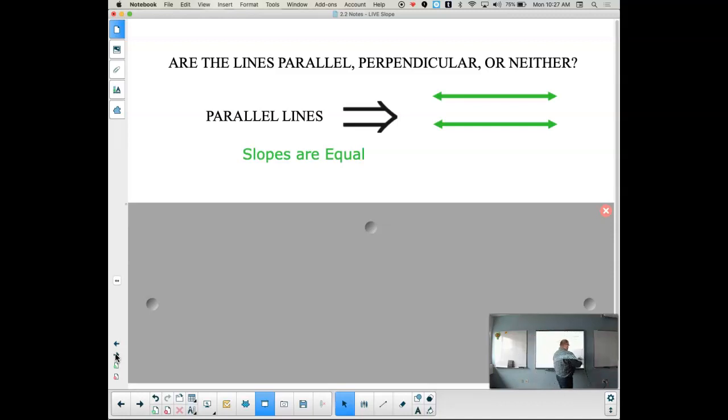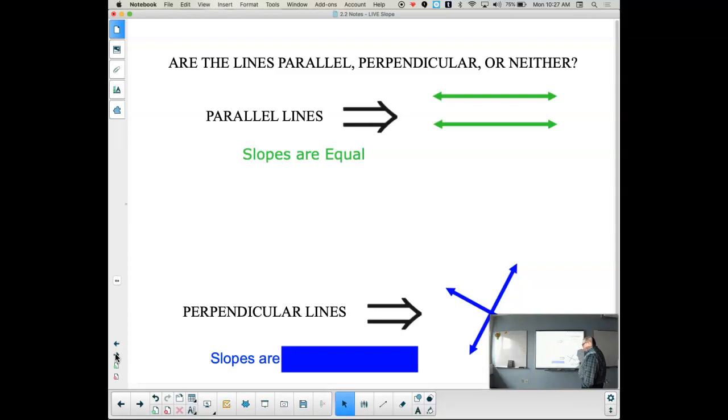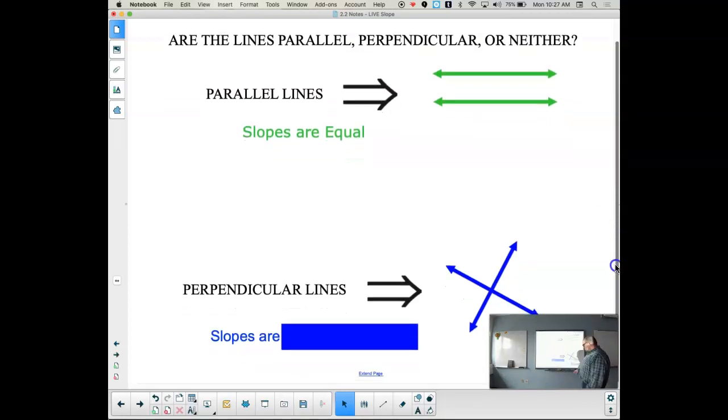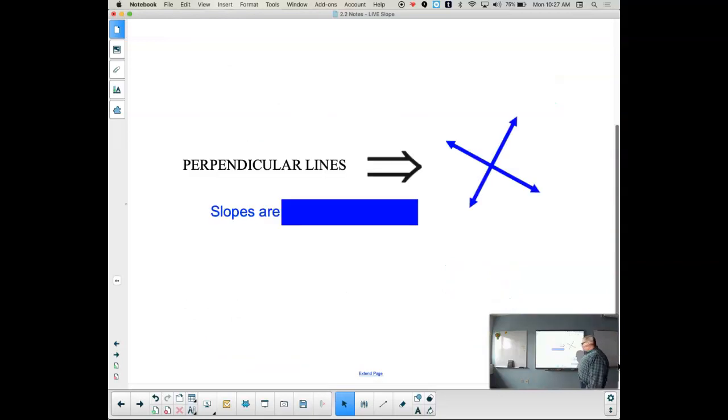Perpendicular lines are a little different. Perpendicular lines intersect at a right angle. That's the definition of a perpendicular line.